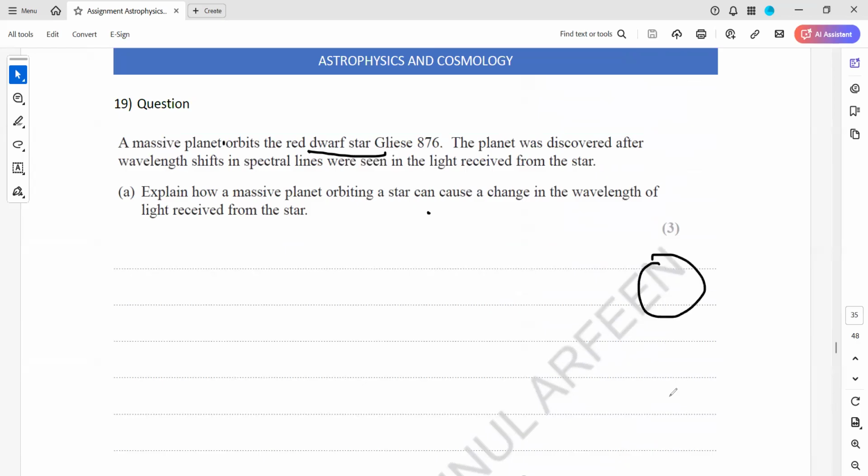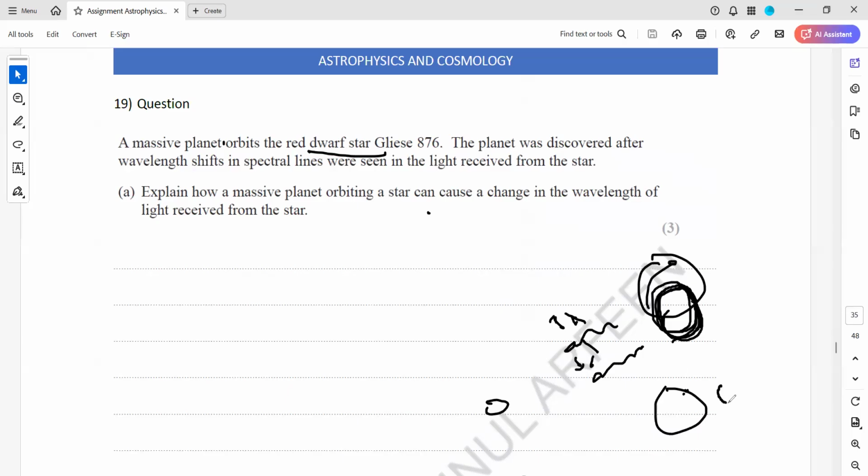Because of the gravity of this planet, the particles in the star also move. When we observe, if the particles are moving towards us, we observe a shorter wavelength. If they are moving away, we observe a longer wavelength. But if the exoplanet has a low mass, this change in the wavelength will be difficult to detect.